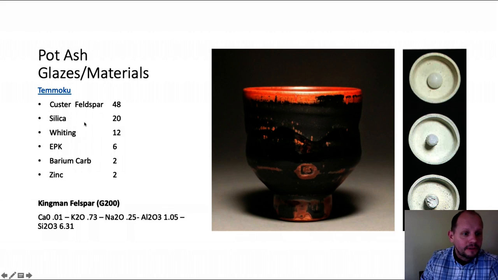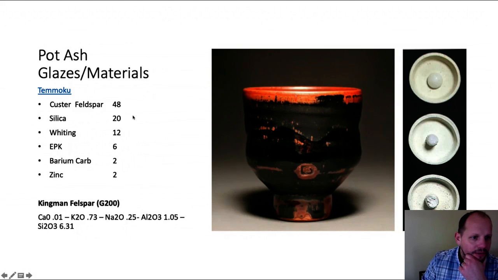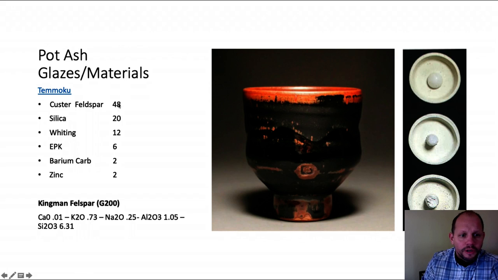A lot of times temakus will be anywhere between 4 and 5 ingredients, but the inclusion of zinc for some reason, at a really, really low percentage, I might add as well. Anyways, you can see right here that the Custer feldspar is 48% of the glaze, meaning the majority of the fluxing material is going to be potassium.